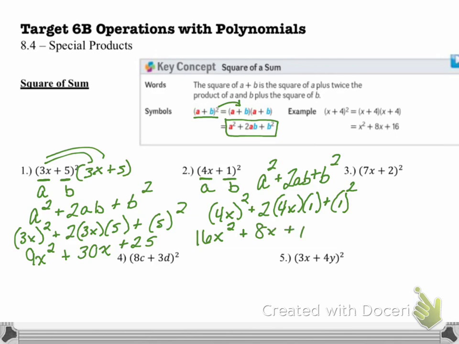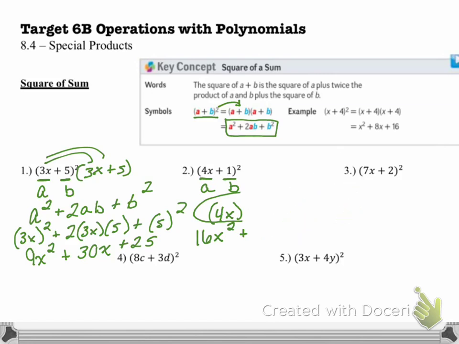Eventually I'll get so good at it that I'll skip the plug-in portion. So looking at number 3, I'm going to try that. Since I'm running out of room, I'm going to erase this just so I have more room. Again, I start by identifying my a value and my b value, and I'll still write the formula a squared plus 2ab plus b squared.